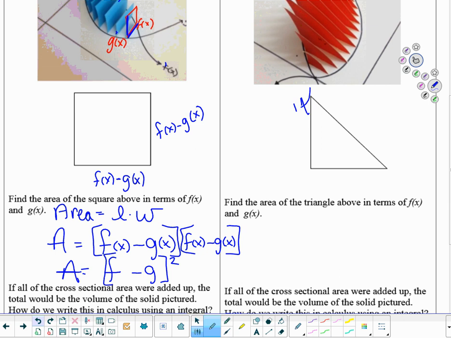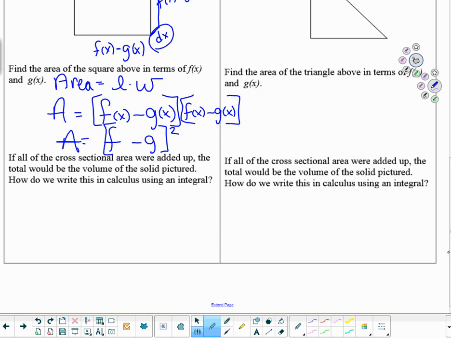Now, that base figure has a really tiny depth to it so that we can pick up volume. So I'm trying to draw a depth here. That depth would be a dx depth. So it's got a little bit of depth to it, infinitesimally small, some change of x. If all these cross-sectional pieces were added up, they would total the volume.